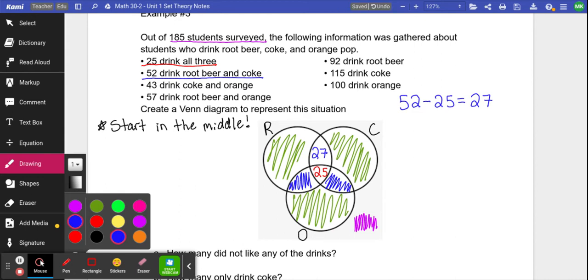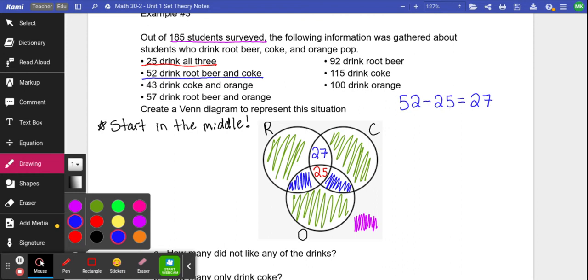Now looking at that Venn diagram, if I added that together and I said who drinks root beer and Coke, 27 plus 25 is 52. There's 52 people who drink root beer and Coke. That is correct. We're going to do the same thing for those next 2 blue regions.